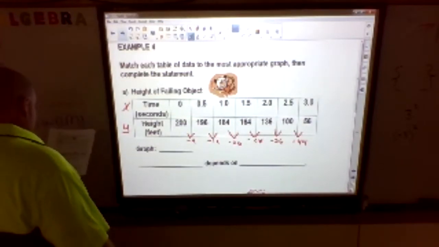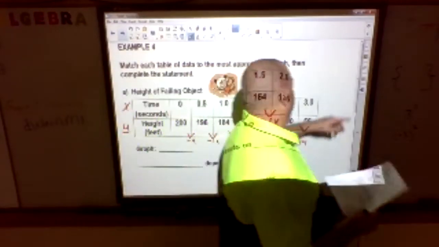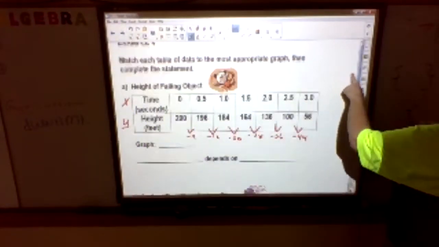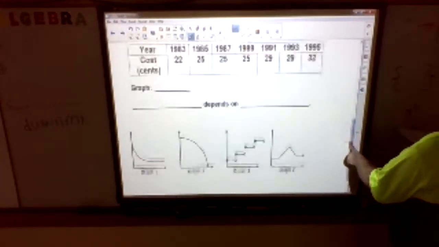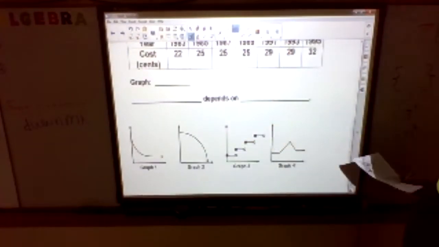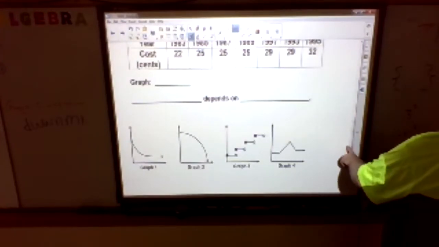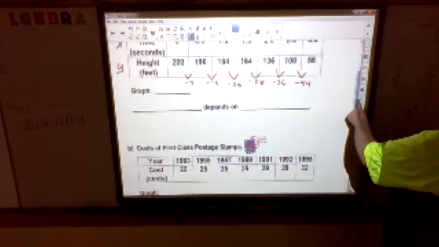The graphs are down below. Which graph do you think represents that top table we were just looking at? Think about it. When I come back up here, I'll tell you which one it should have been.